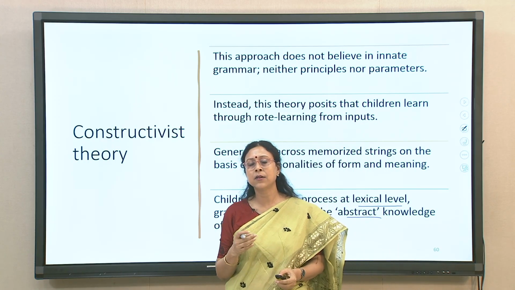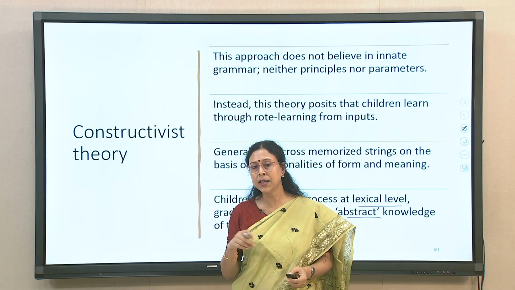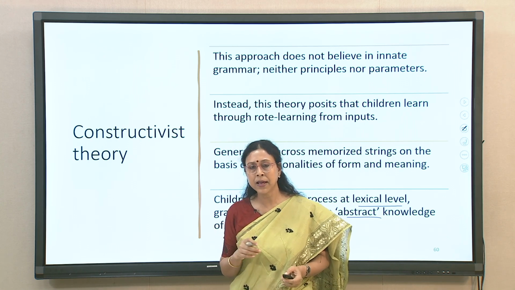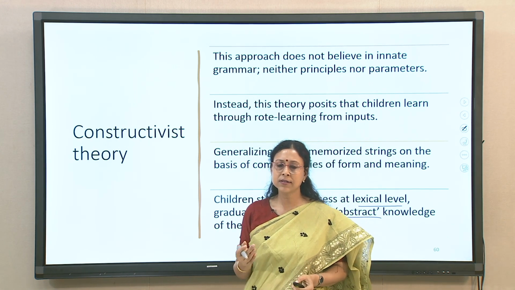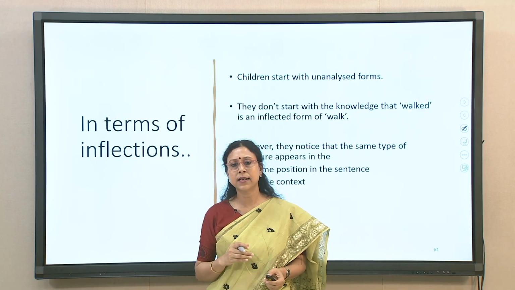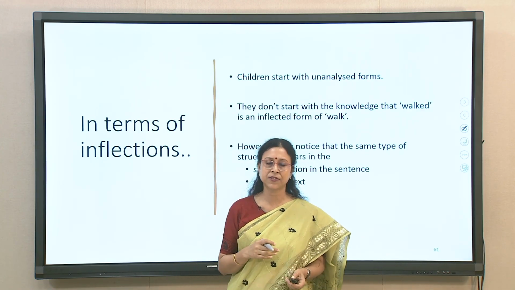Then when they have achieved that level of understanding, that level of abstraction, they are no longer dependent on the lexical entities, because they have gone beyond that level and they have gone to a level of abstraction.